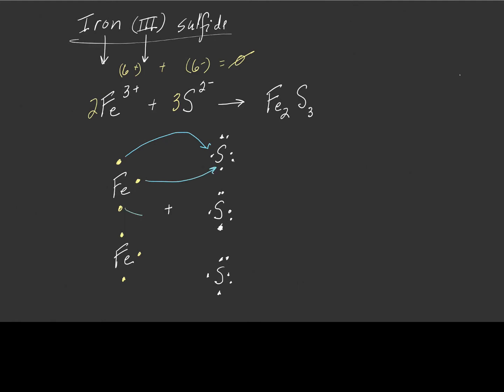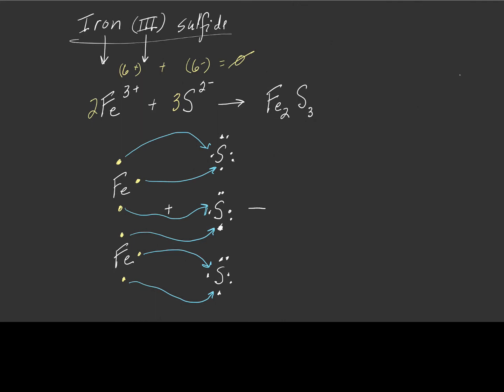And then this one right here could go to that empty space, and this one right here could go to that empty space. This one can transfer from here to here and here to here, like so. And then you'll notice that not one time did I crisscross the arrows. You want to make sure that the arrows do not crisscross. You want there to be no confusion as to where your electron is transferring to.